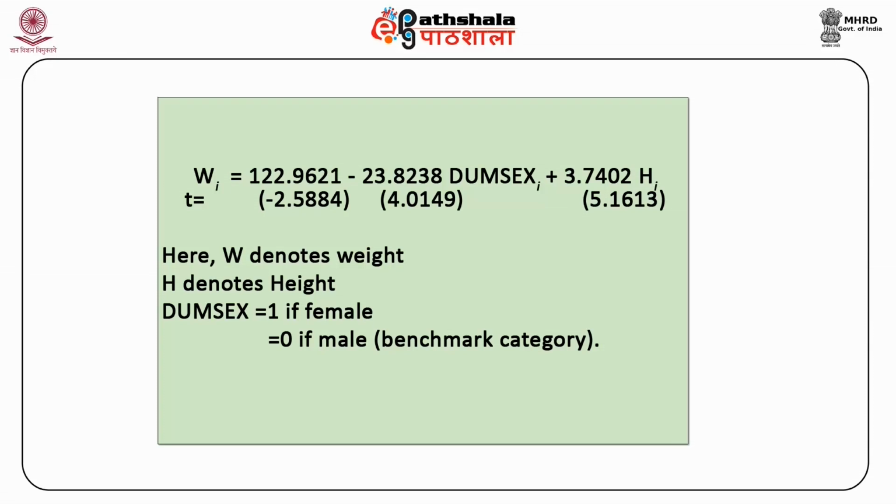Average weight of males, where D is equal to 0, is approximately 122 pounds, and that for females is equal to 122.9621 minus 23.8238 into D equal to 1, that is approximately equal to 99 pounds, holding height constant.